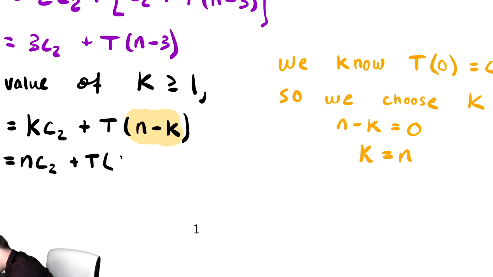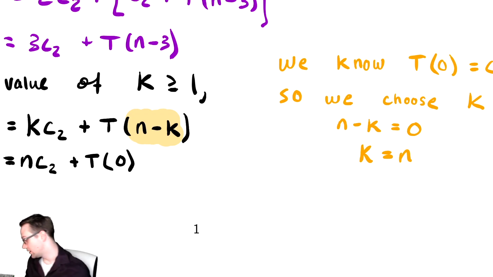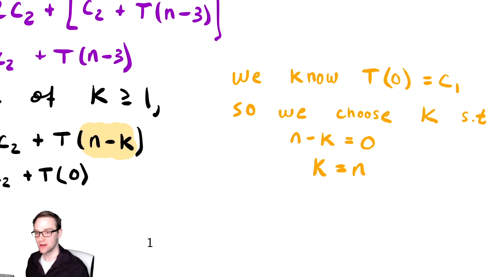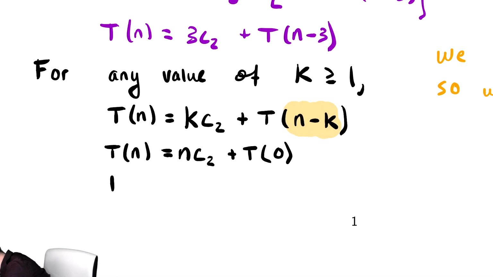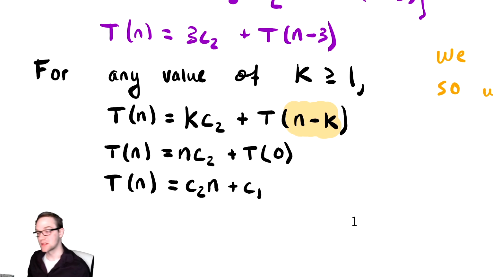We replace it with 0. And look, we know what T(0) is. We even wrote it in orange over there. T(0) is equal to c1. So we have T(n) equal to c2n plus c1. So that is an expression now for T(n).